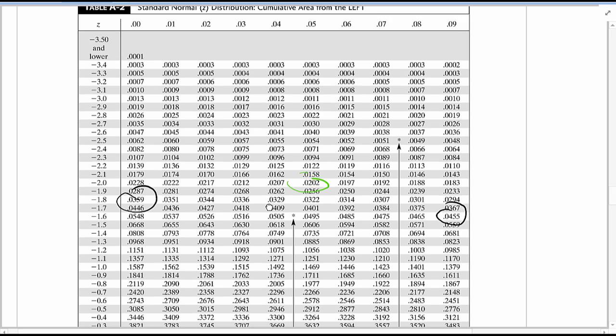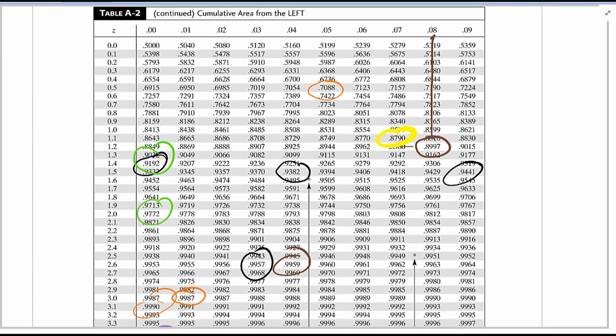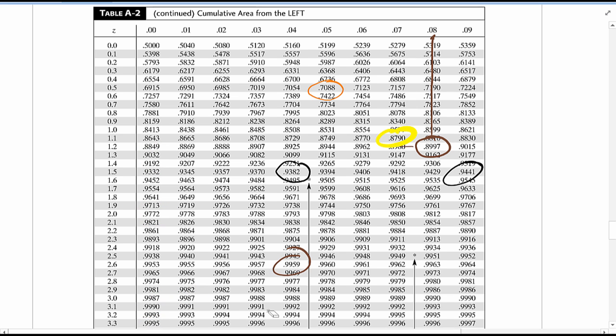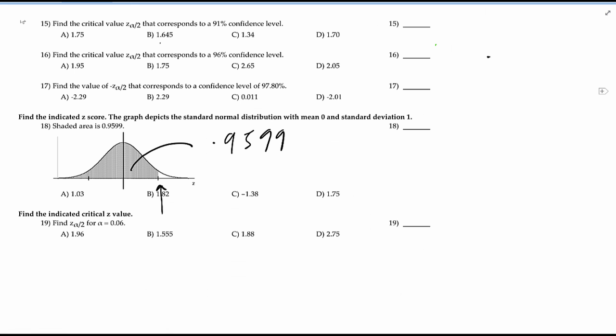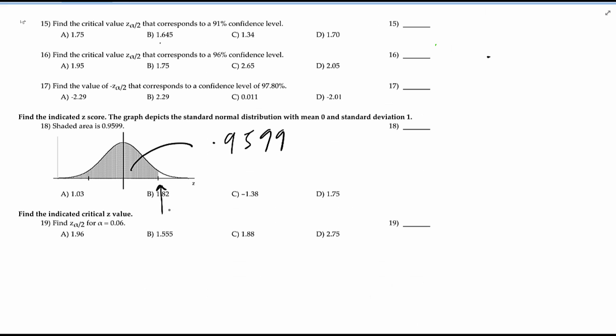But now we're in the positive table. So the value was 95.99 right here. So the value is 1.75. Right. Equation D.